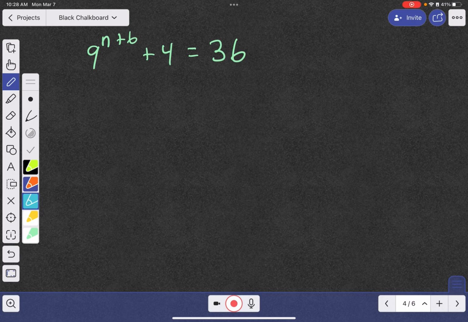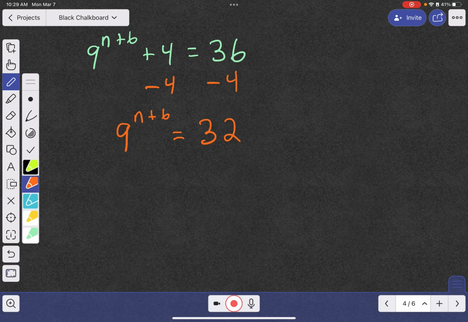So we have to move that 4 to the other side of the equation first. So now we're going to subtract 4 from both sides. So now I have 9 to the n plus 6 is equal to 32. So I have my base isolated.